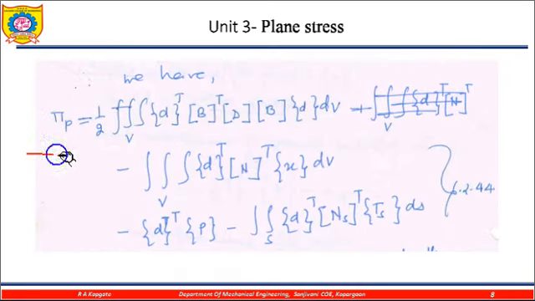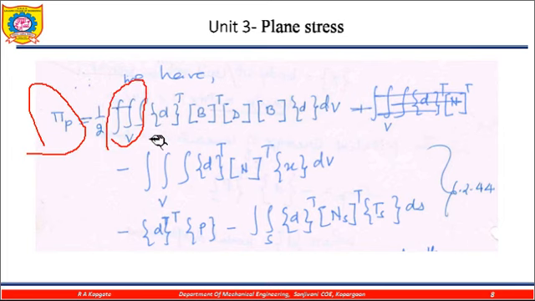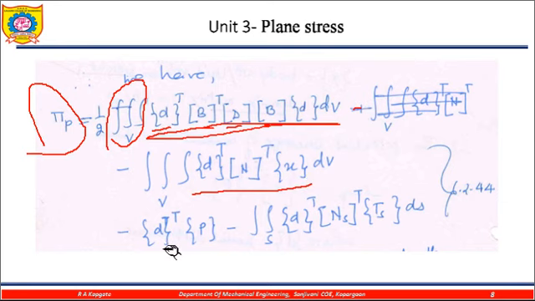Then Πp is equal to one half triple integration over the volume of d matrix into B matrix into the constitutive matrix. This is my strain energy, minus my weight, minus the point load, minus my surface traction.